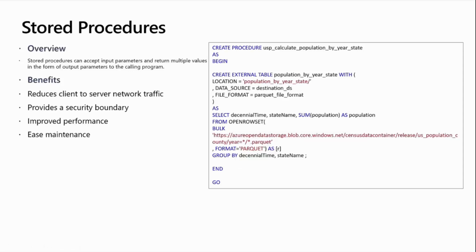And then I can orchestrate sets of stored procedures with either Azure Data Factory or Synapse pipelines, a similar thing. It also allows me to provide a security boundary, so I can not have somebody have access to these underlying files, but give them the ability to run the stored procedure.